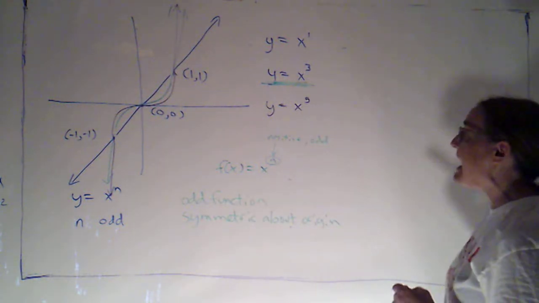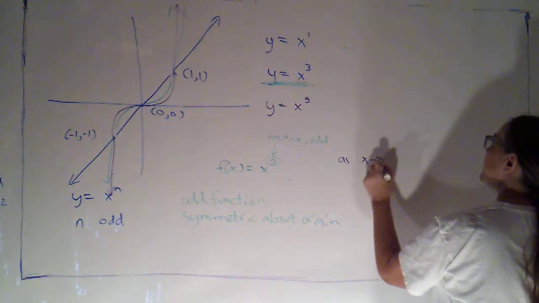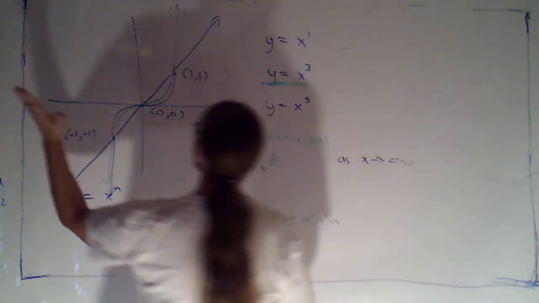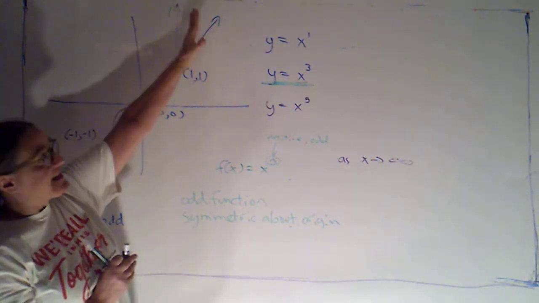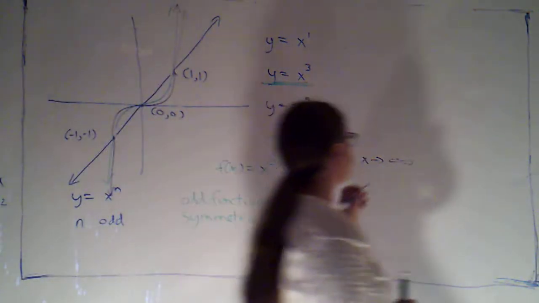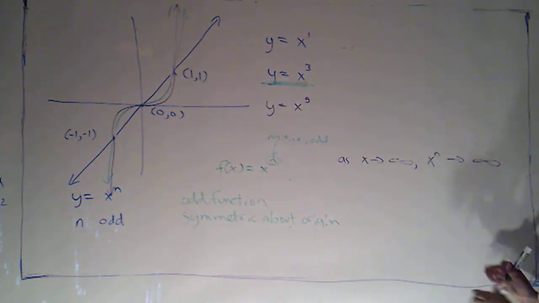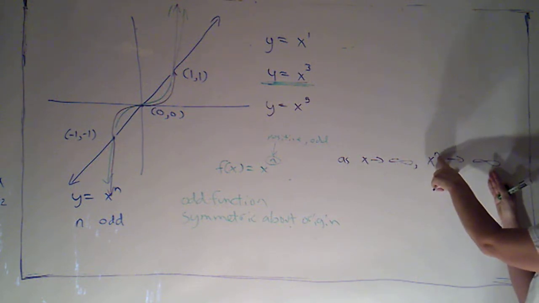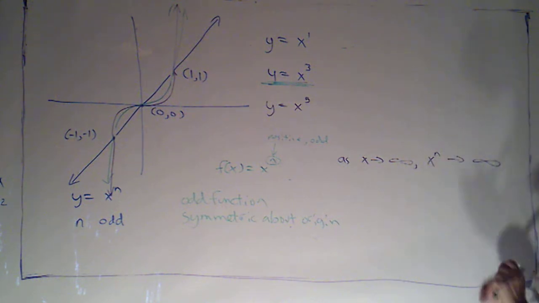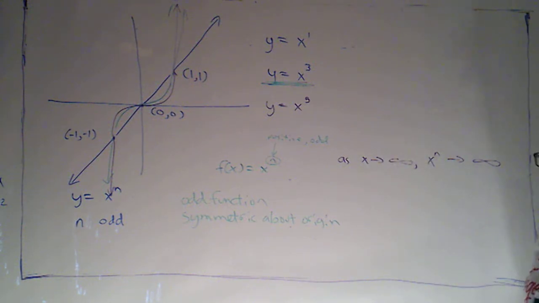Now, if I look at the end behavior, as x goes to infinity, as I go to the right, what's happening, all these arrows are pointing right and up. So as x goes to infinity, x to the n goes to infinity. That's actually the same for whether n is even or odd. Both even and odd powers get big and positive as I plug in something big and positive.